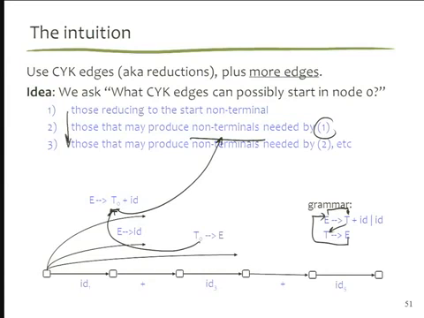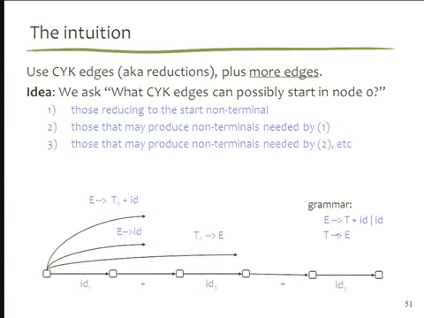I wanted to show you that you need to allow the T goes to E edge on the left. Because if you wouldn't put it there, then you would never get this T, which you need to process that. So this indirection is there to show you how this fixed point, finding those edges, needs to consider a chain of edges.